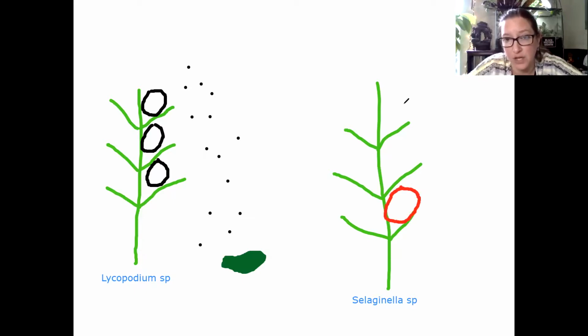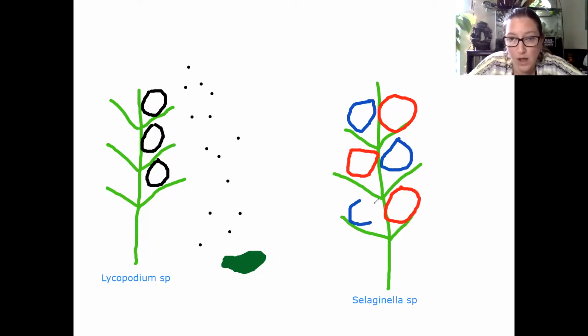Here is a sporangia. Here is a sporangia. Because I'm running out of leaves here, I'll use both sides just so you can get an idea, even though I only use the one side on the other. Here's some sporangia. They're different colors. Why? Because they make different types of spores.